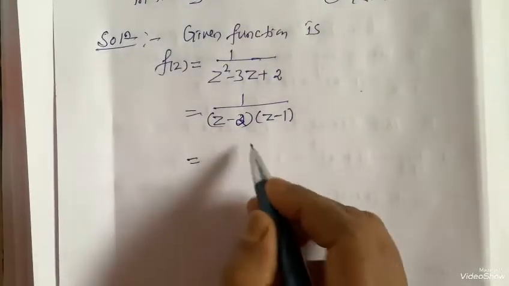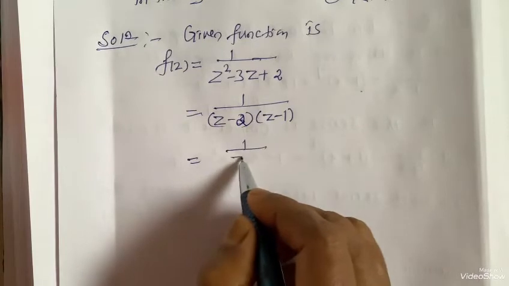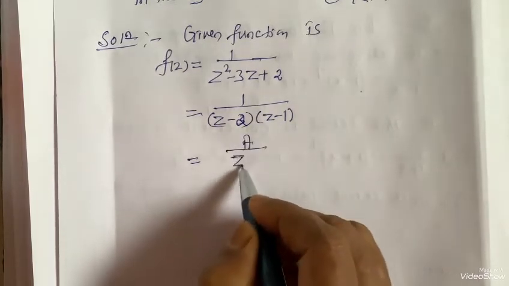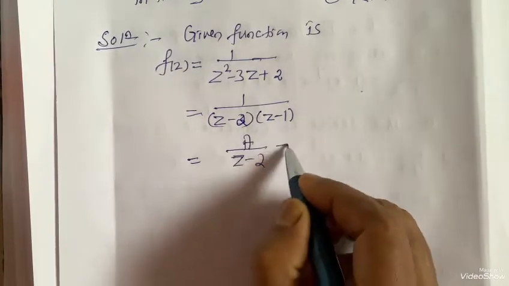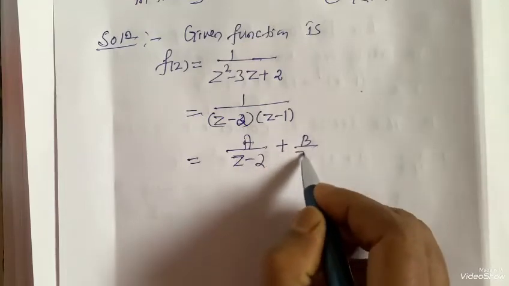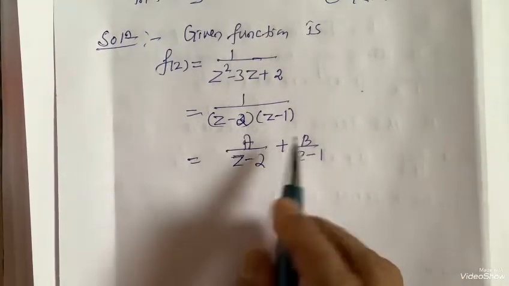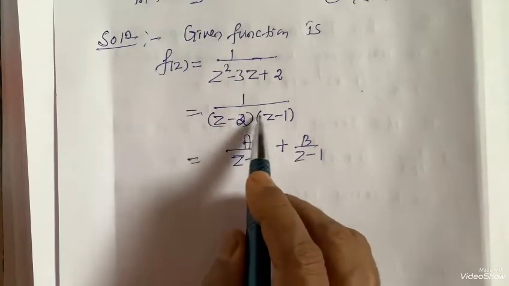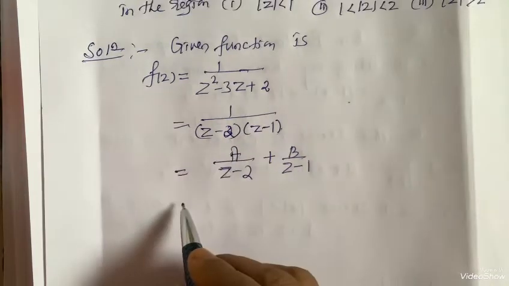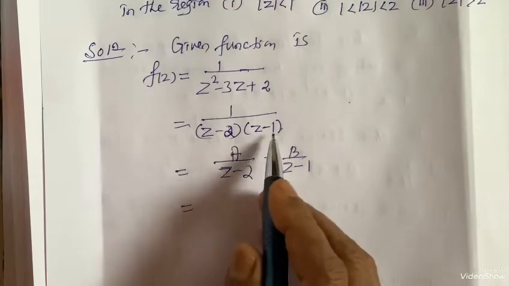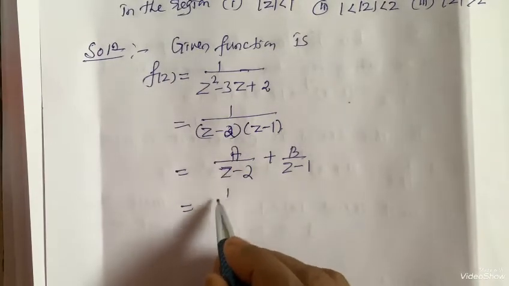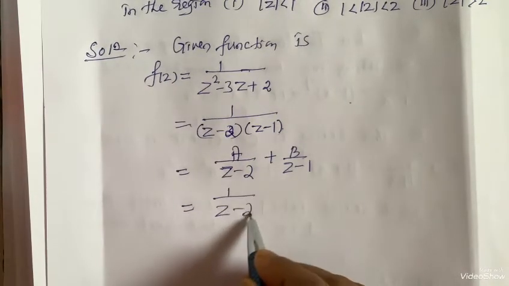So this is 1 upon, a upon z minus 2 plus b upon z minus 1. Find the values of a and b. Put z equal to 2 everywhere except in this factor: 1 by 2 minus 1, which is 1 itself. So a is 1 by z minus 2.